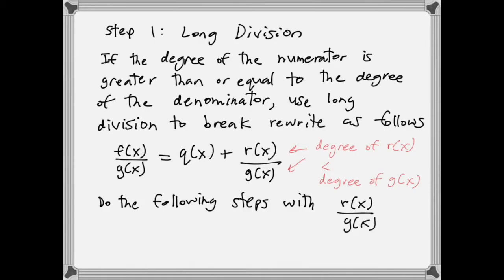In other words, instead of doing the problem on the f of x over g of x part, we have done this because now we only need to do partial fractions on this second fraction. We don't need to do it on the first anymore because we were able to rewrite it. Okay, so that's if the degree is too big. Otherwise, we can just skip to step 2. Step 2 is where the actual setup begins, okay? So step 2.